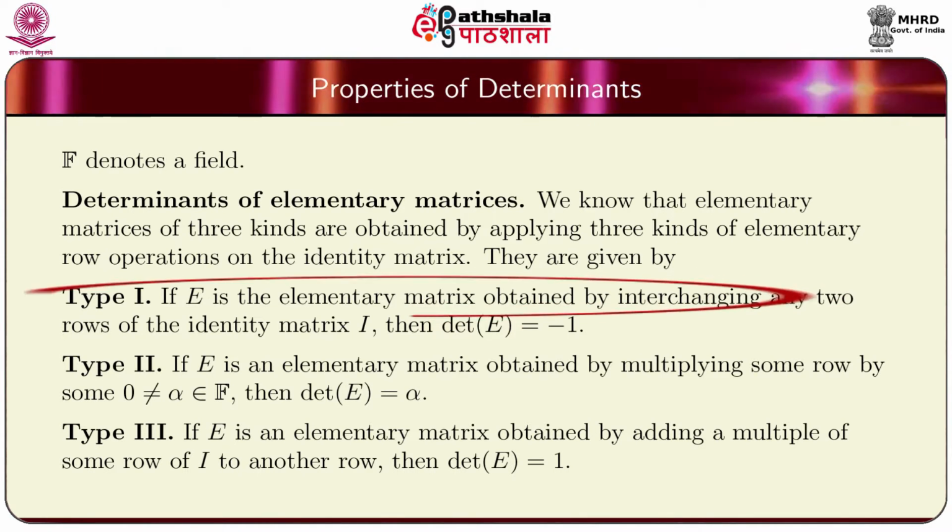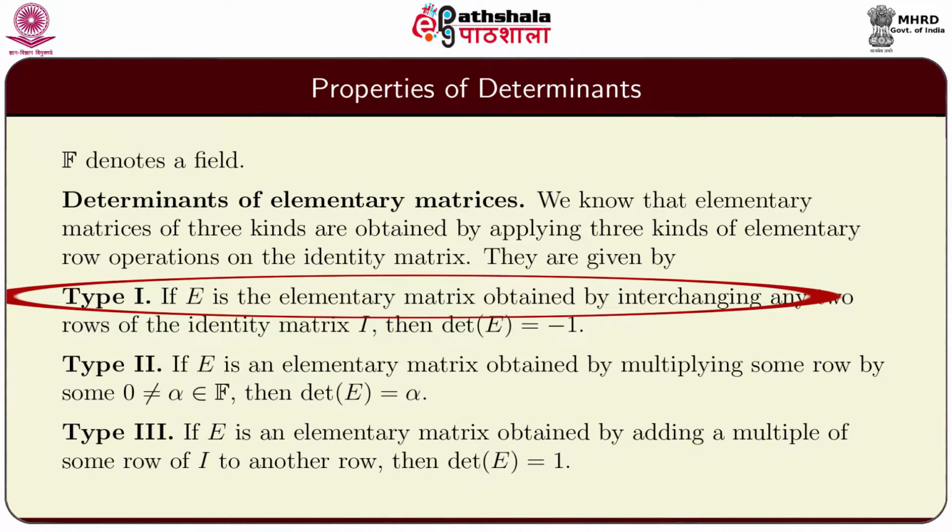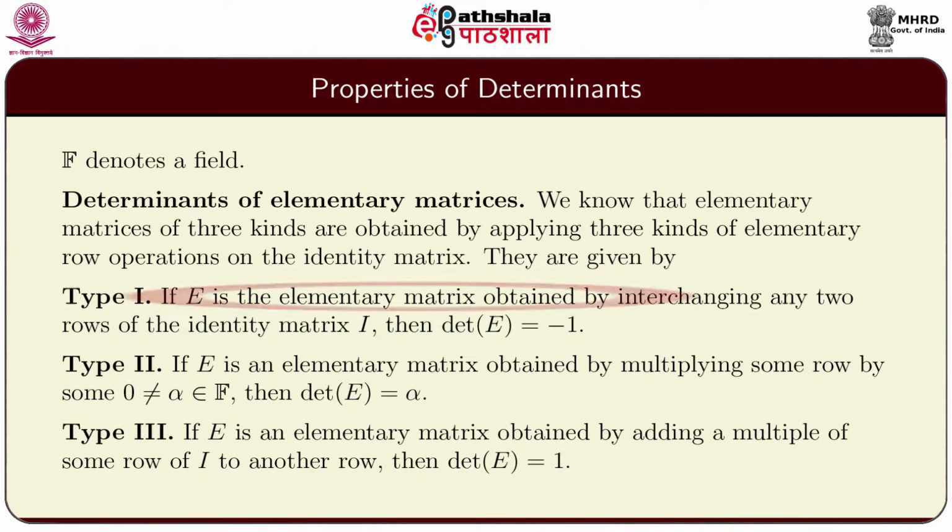Type 1 is the one obtained by interchanging any two rows of the identity matrix. Type 2 is the one obtained by multiplying some row by a non-zero scalar alpha, and type 3 is the one obtained by adding a multiple of some row of I to another row.